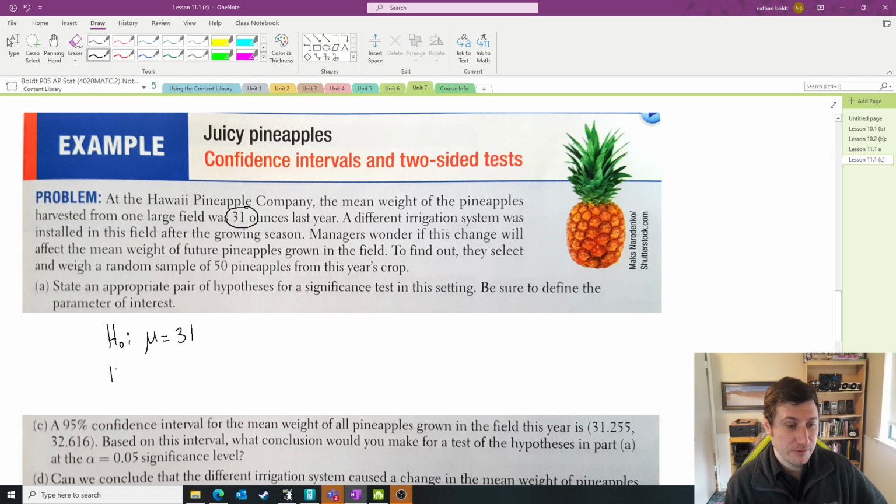Our alternative is that it has changed. In this case, they are just looking for a change, bigger or smaller. Because it's bigger or smaller, it's a two-tail test, which means we want to know if it's simply not equal to 31 now.